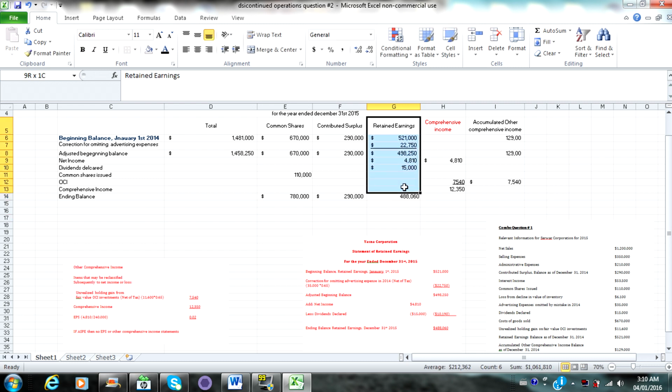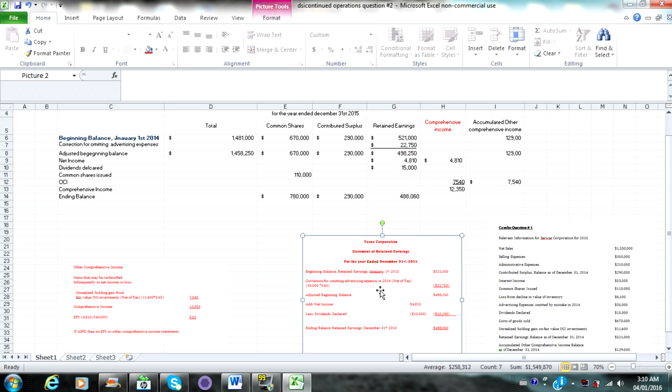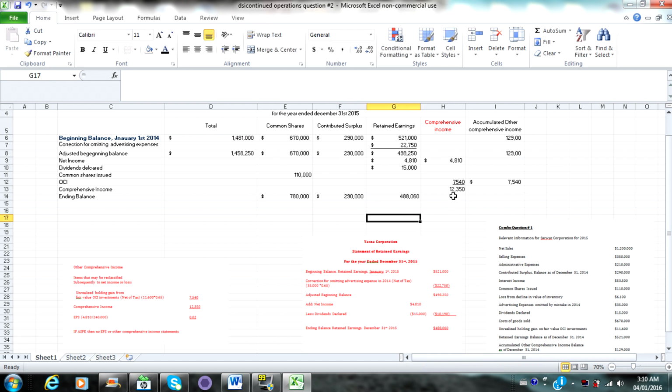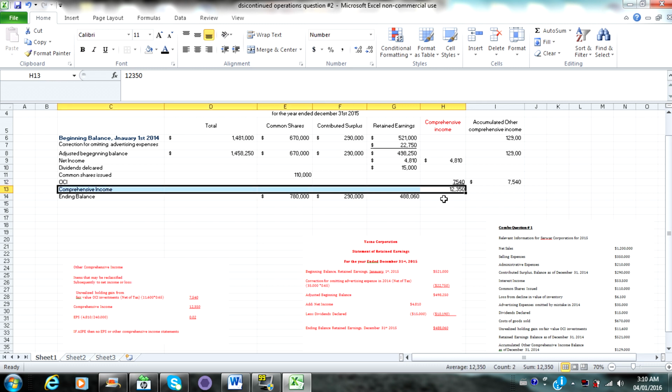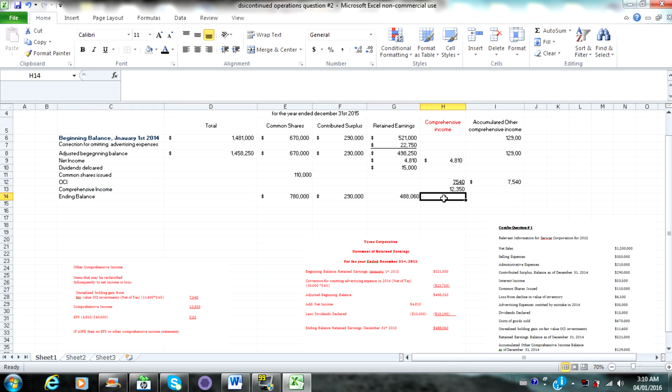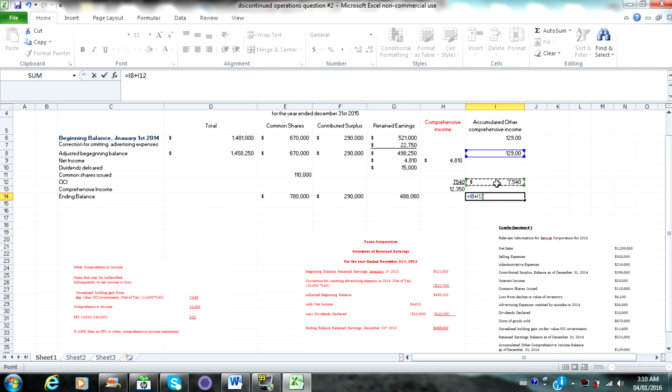This thing right here is the exact same as this statement right here. Comprehensive income, there's nothing we need to do. We've already calculated it. It's reported on a separate line, so nothing goes in this little box here. And then for accumulated other comprehensive income, it's going to be our adjusted beginning balance plus the other comprehensive income that we got throughout the year.